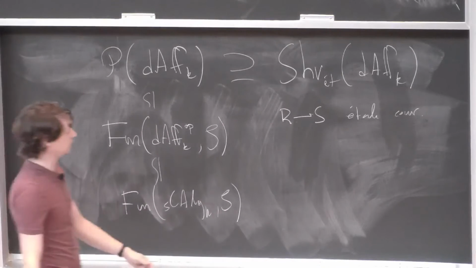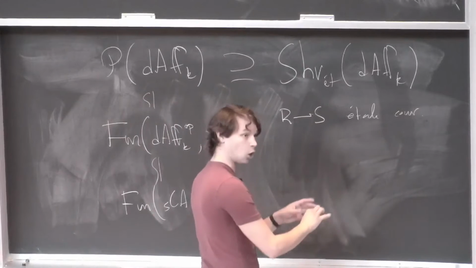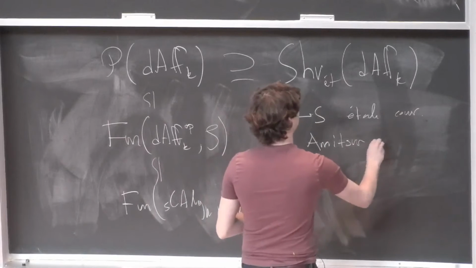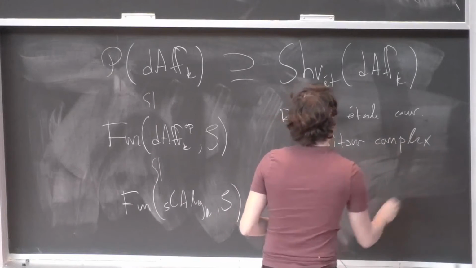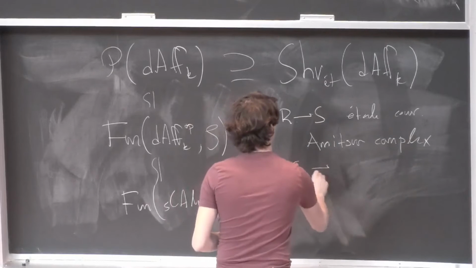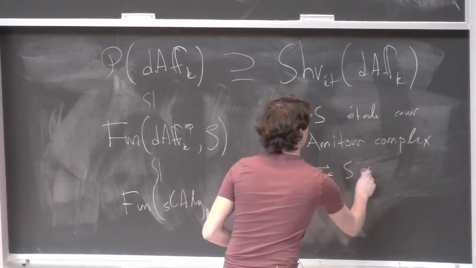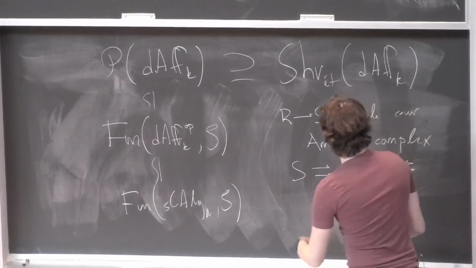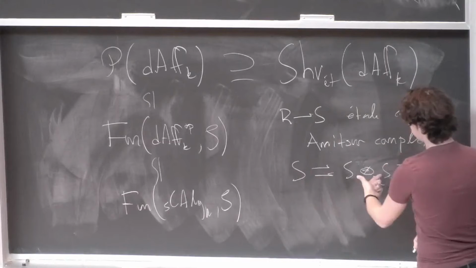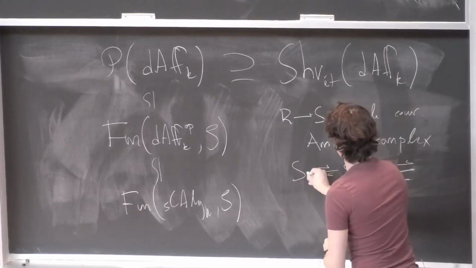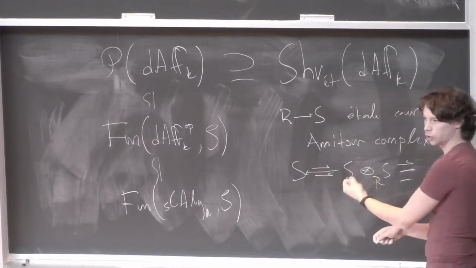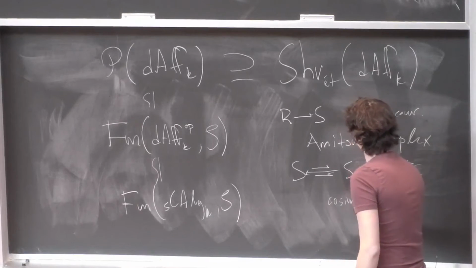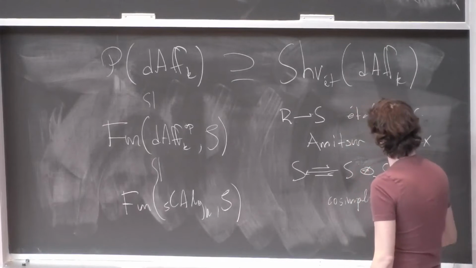What I can build from this is a cosimplicial complex, typically called the Amitsur complex. It looks like S, S tensor over R with S, then three copies and so on. These are the two ways of including into the identity, and there's also a map back given by multiplication, which is R-linear, and so forth. So this is a cosimplicial object in simplicial commutative rings.